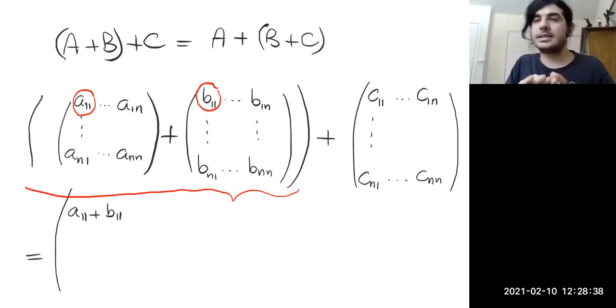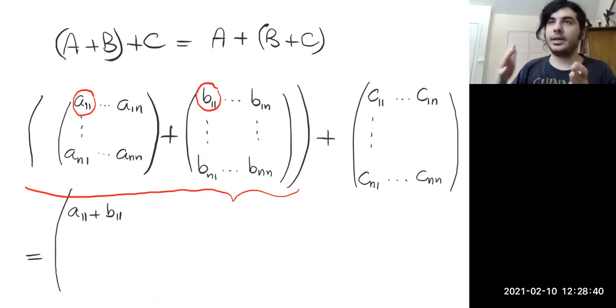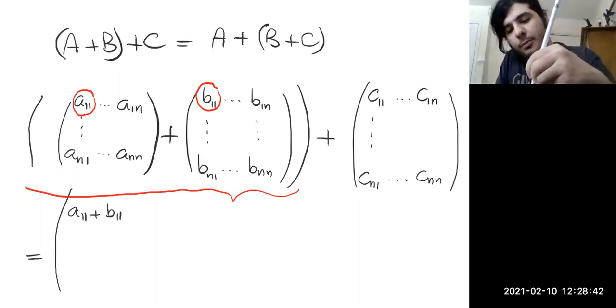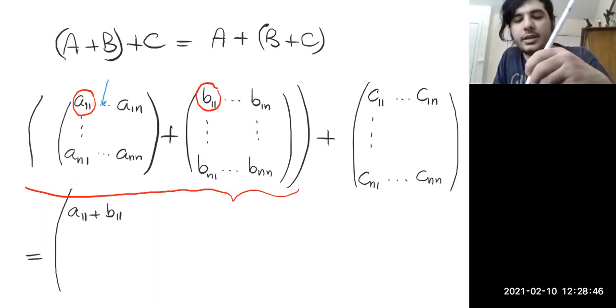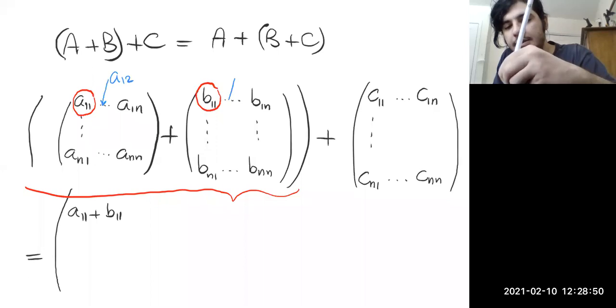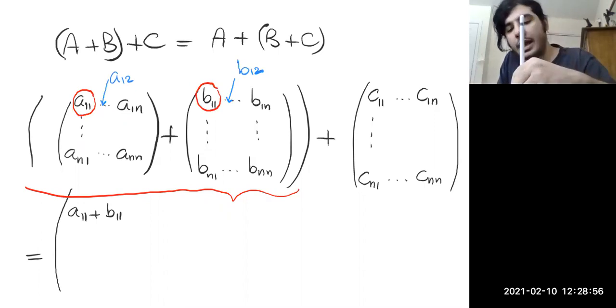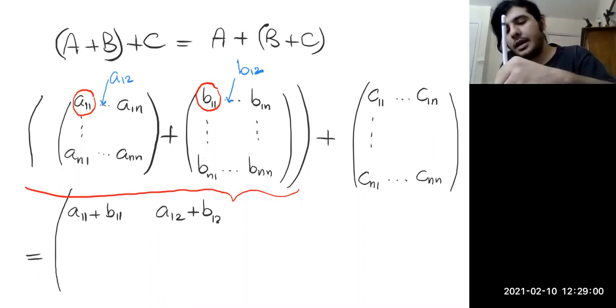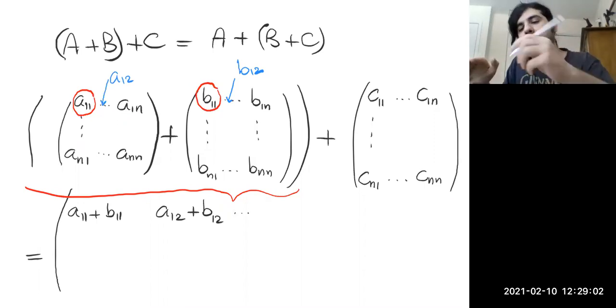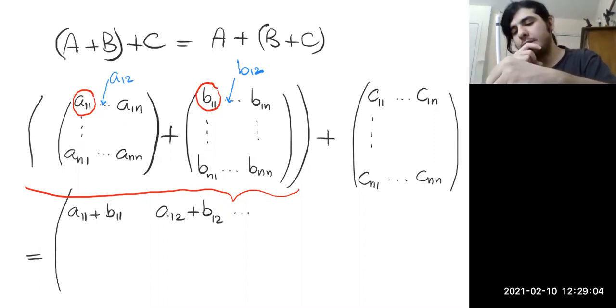What would be the second element in the first row? Well, here, the second thing, which I didn't write here, would be A12. Here, the second thing would be B12. So the second element in the first row would be A12 plus B12. And the same thing continues until the last one, which is A1n plus B1n.